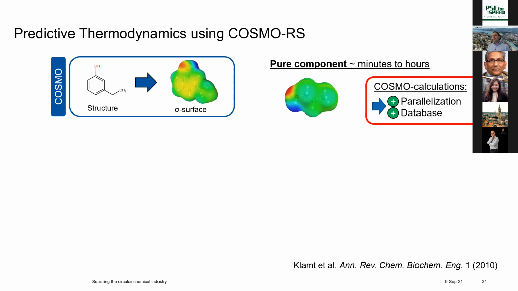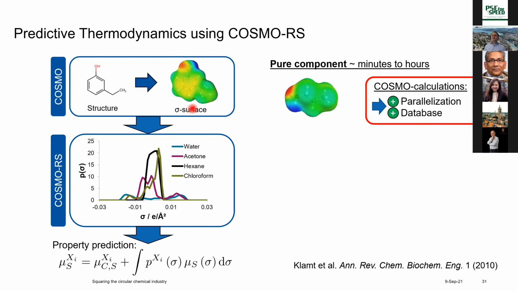But the power of this COSMO method is that you need to do this only once for each pure component. Yeah? That is, basically, I have one molecule, say propane or propene, that somebody had to do a DFT calculation only once. And then I can store the information in a database. And what's the information I need to store? It's basically a histogram of the surface charges.